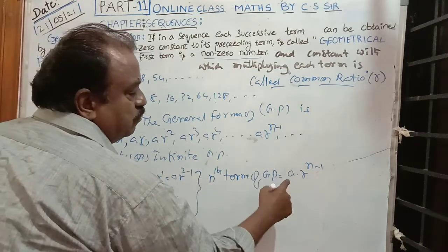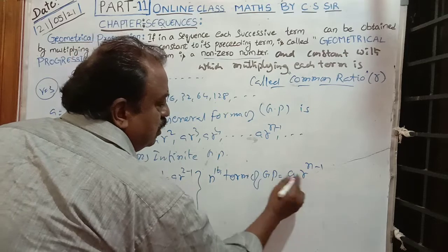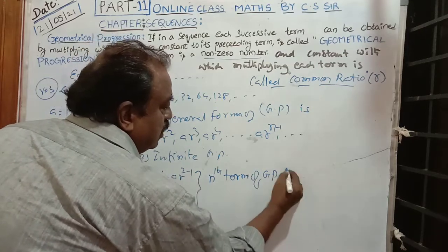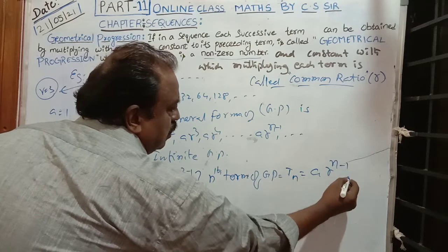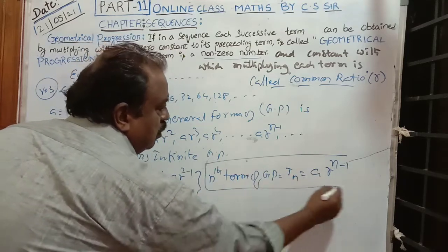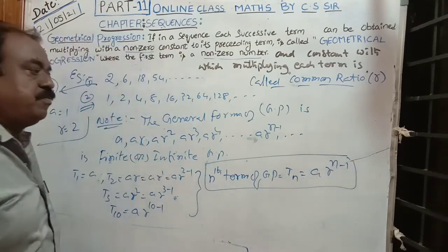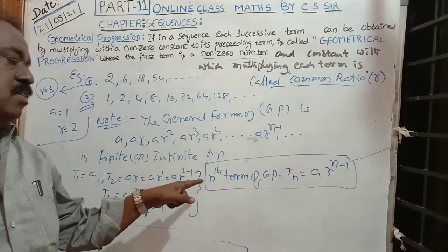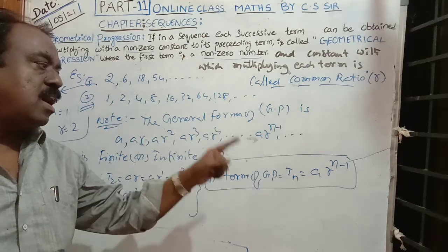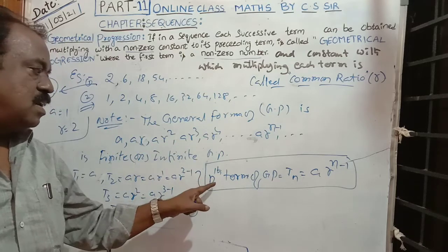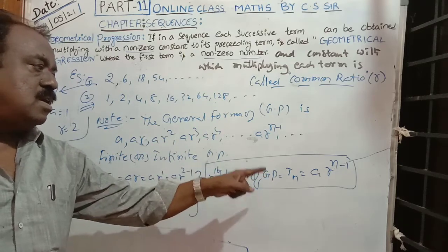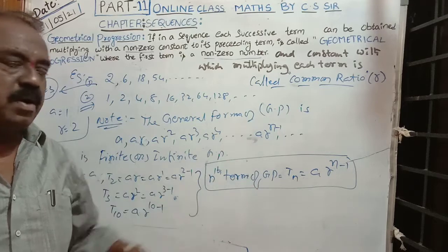I will write it clearly: Tn is equal to ar power n minus 1. It is an important concept. In the geometrical progression, ar power n minus 1 is the nth term. The 100th term, T100, is ar power 100 minus 1.